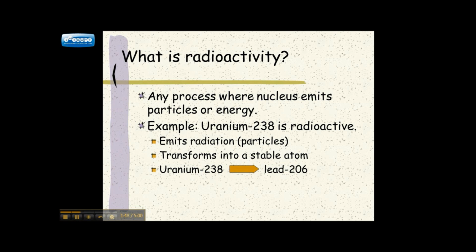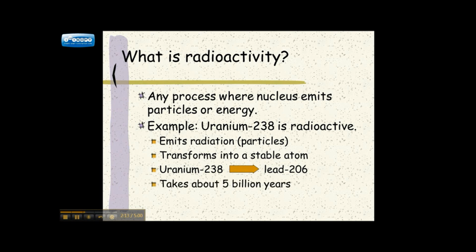So uranium, plutonium, all those things will eventually lead to lead. Uranium-238 specifically leads to lead-206. Now these numbers, 238 and 206, are the atomic weights. And if you remember back, atomic weight is protons plus neutrons. That's how we get our different isotopes.